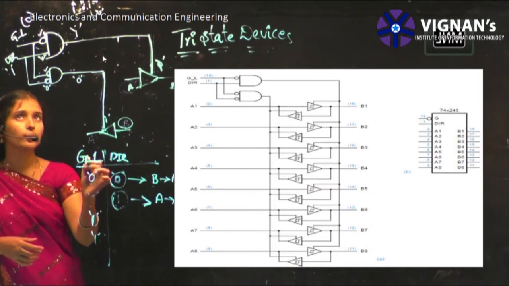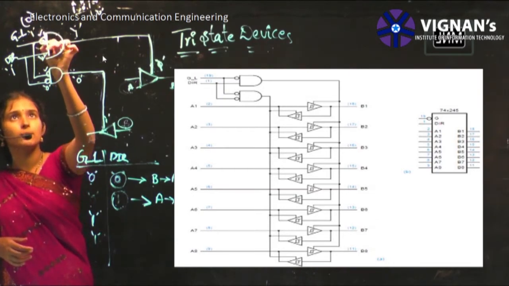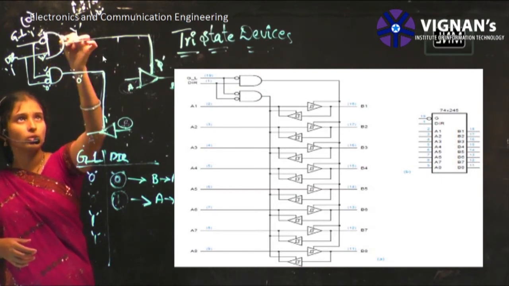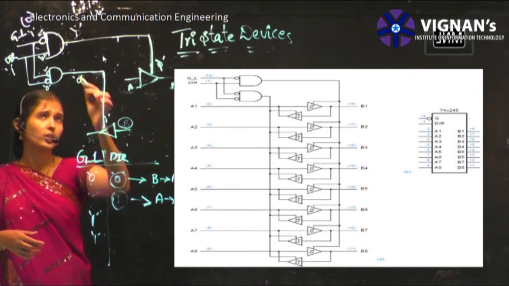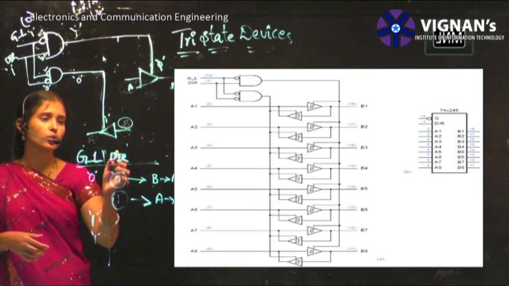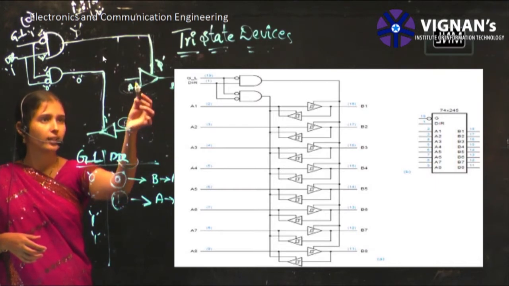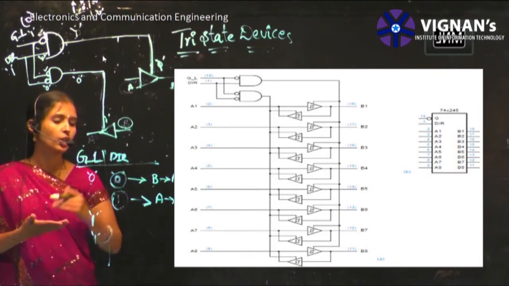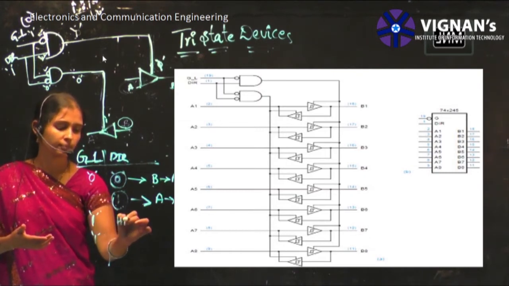Your enable input is 1, which means the active low input receives 1, so the output will be 0. This output 0 is provided to the enable inputs, so both these buffers will not work. Whether the data is at input port A or input port B, you will not get your output. So this is your high impedance state.